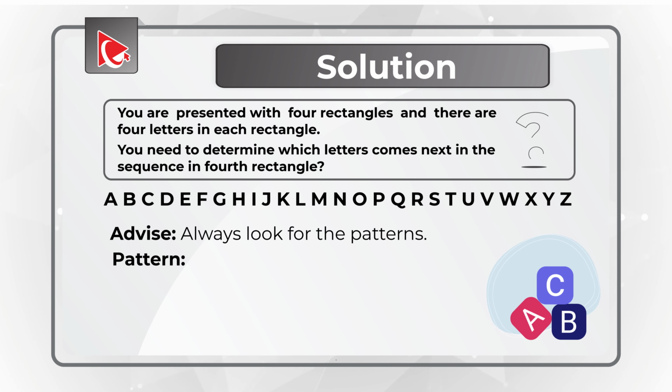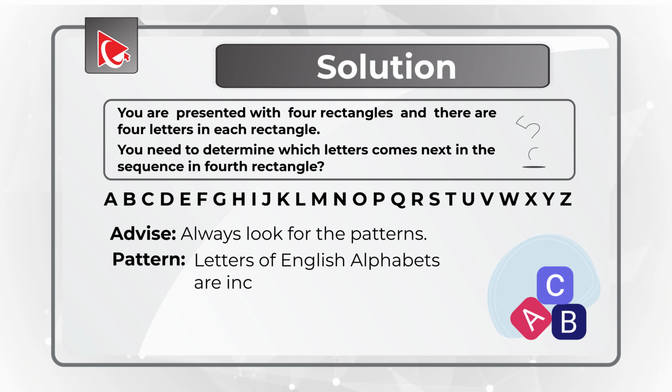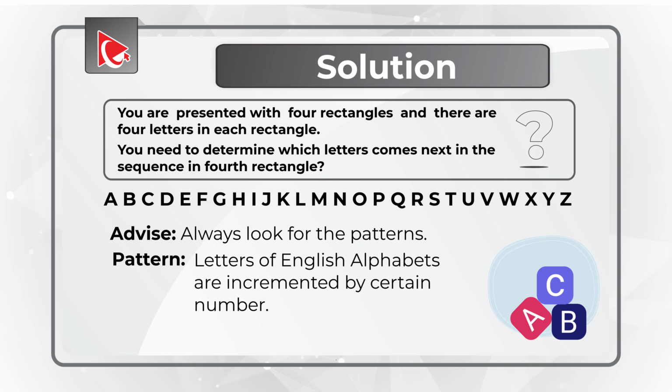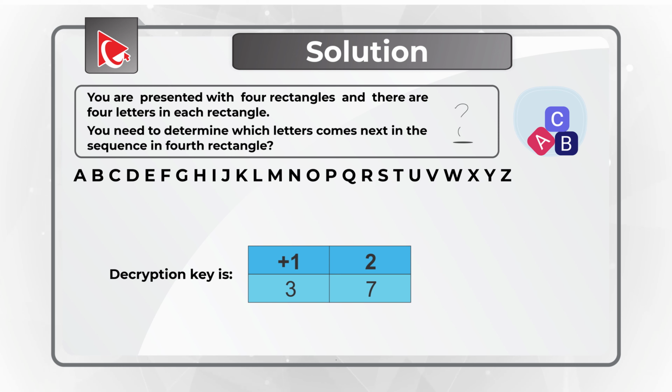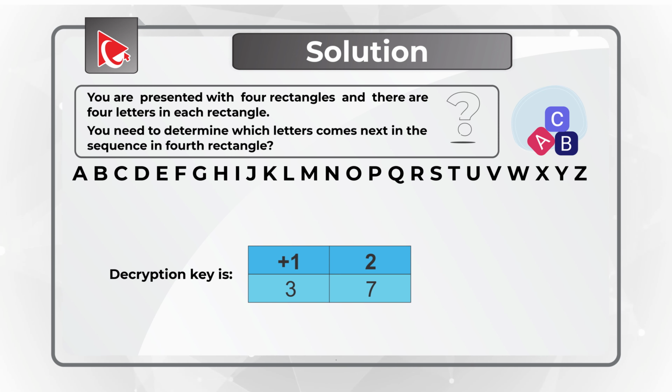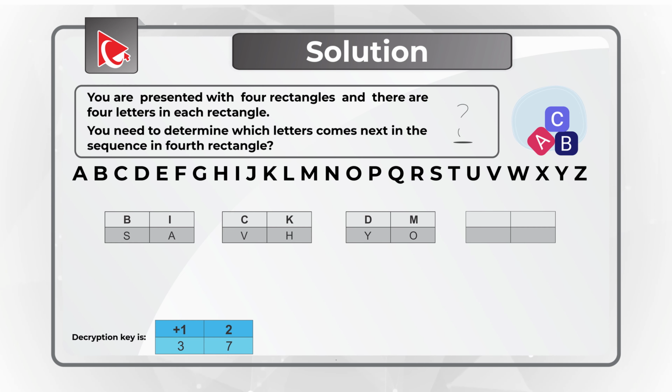As you might have guessed, letters of the English alphabet are incremented here by a certain number. The increment number is different for each section of the rectangle. And the decryption key, if you're familiar with encryption and decryption, is 1, 2, 3, and 7. Let's look into details.